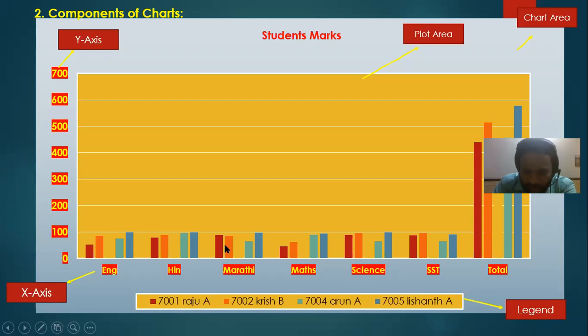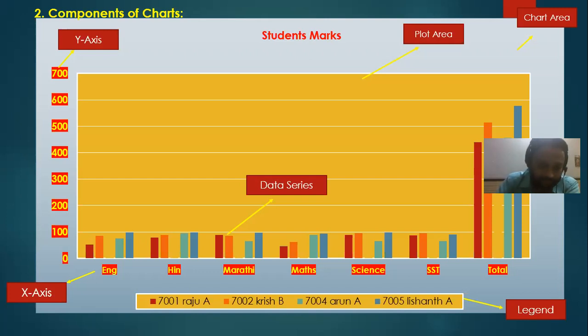This is called data series. These graph lines are called data series. The bars, lines, and other elements represent the data.